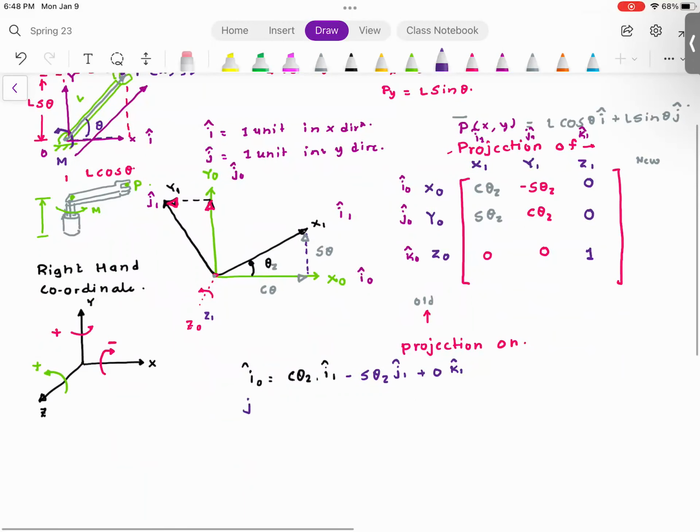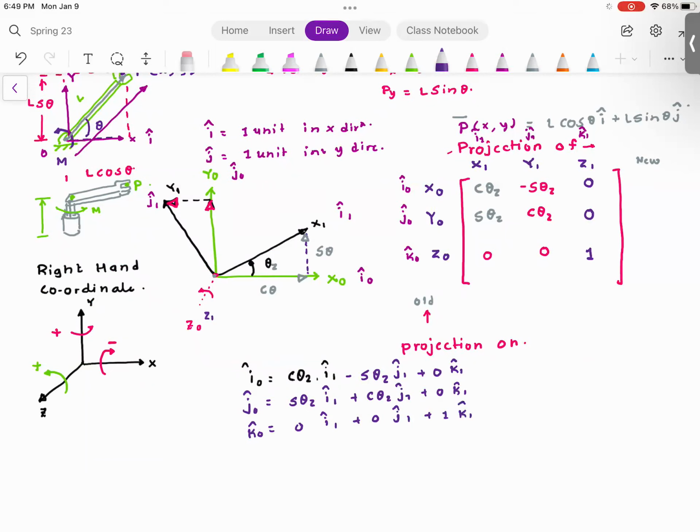Then j naught is equal to sine theta z i1 plus cosine theta z j1 plus 0 k1. And k naught is equal to 0 i1 plus 0 j1 plus 1 k1.